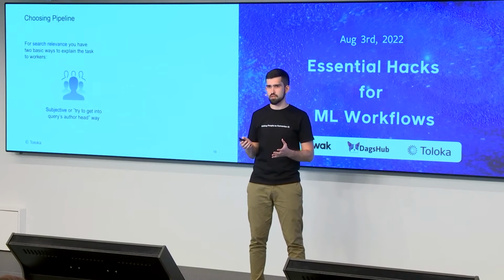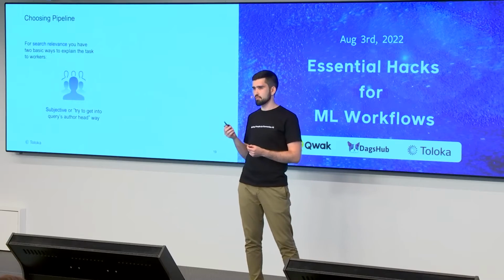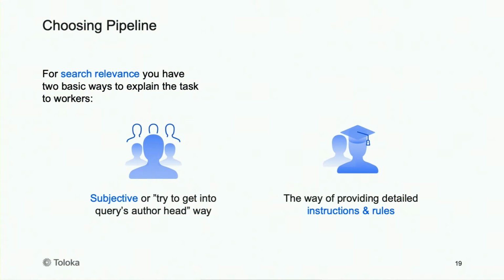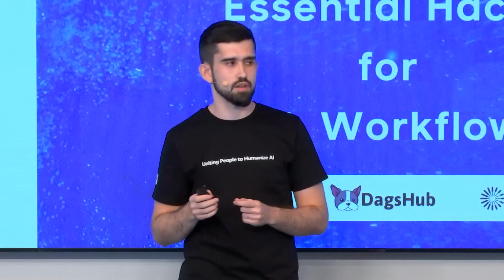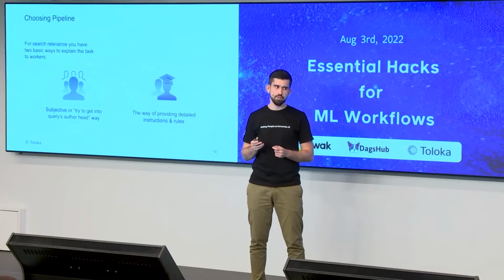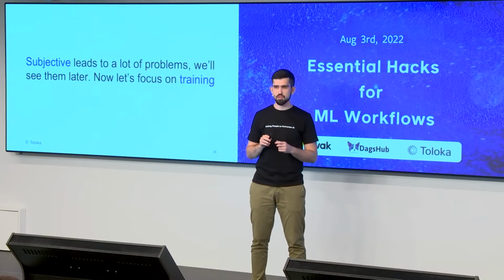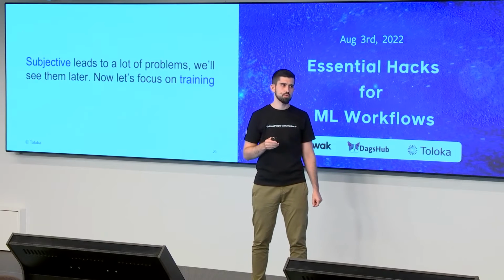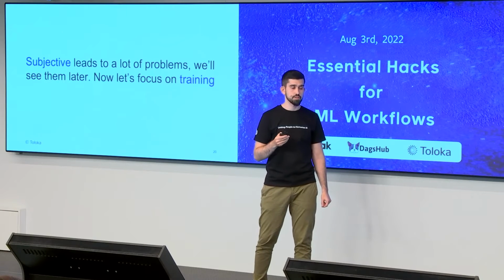You can just tell them, guys, imagine that you have made this query, do you feel like this product will be relevant, suitable for you, etc. Another way is training with instructions and rules. You prepare different instructions and topics, you describe different product categories, and you describe different rules on whether to relate this product to an irrelevant category or to the exact category, for example. A subjective way is usually not a good choice, and we'll see why a bit later. So now we'll focus on training stuff.